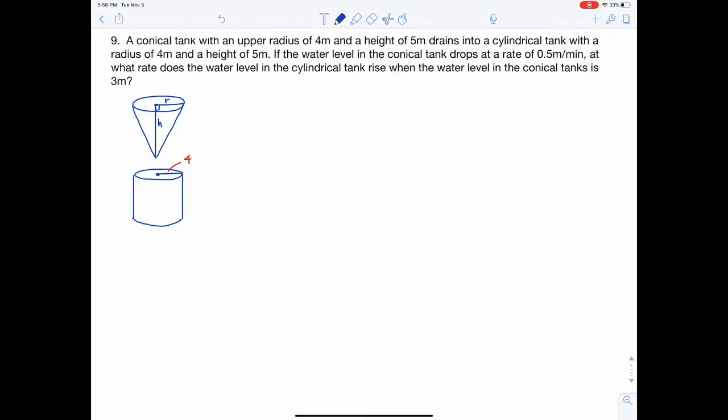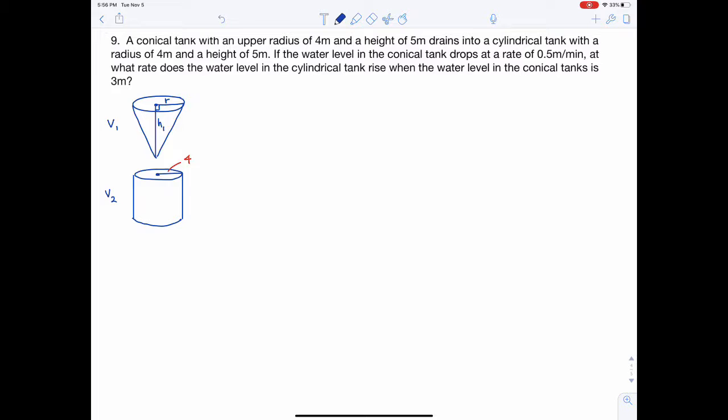Okay? So let's do a couple things. I'm going to call the volume of the water in the conical tank volume 1, and I'm going to call the volume in the cylinder volume 2. So in other words, for cone 1, the height is going to be H1.